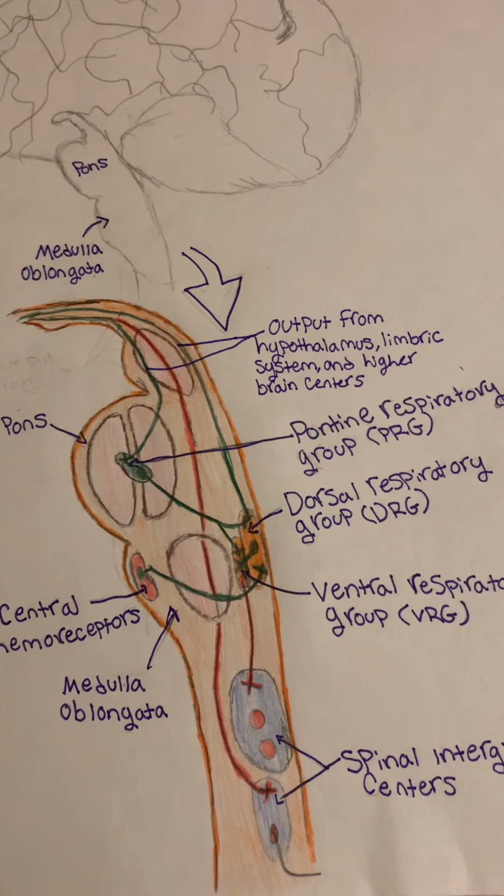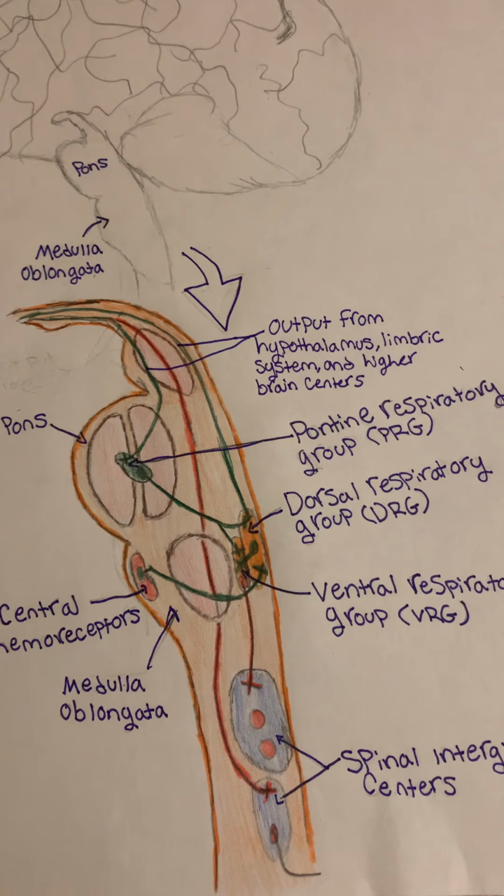And the inspiratory neuron, which is this first one up here, fires for about 2 seconds at a time, making nerve signals to the integrating center of the spinal cord. And that spinal cord is down here.